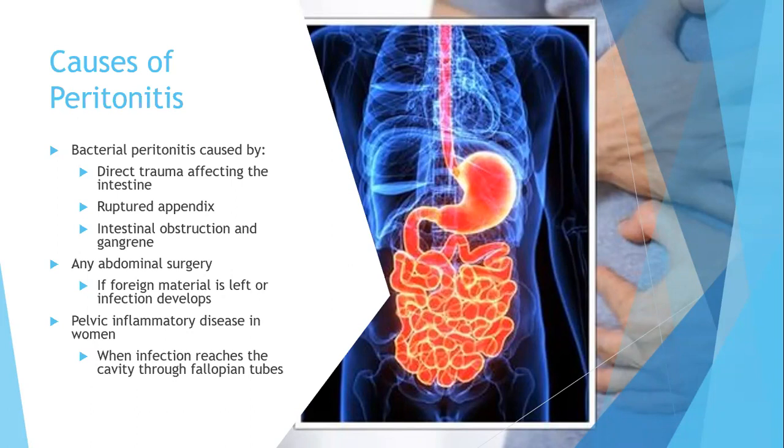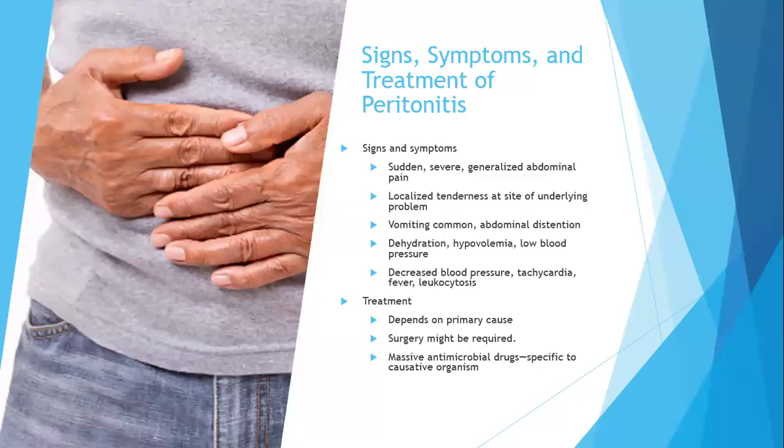So any abdominal surgery, if foreign material is left or infection is introduced, can cause peritonitis. Pelvic inflammatory disease in women can happen if you get infection reaching the cavity through the fallopian tubes. So lots of things can cause peritonitis, and it is quite dangerous. A lot of times it is a complication of abdominal surgery.